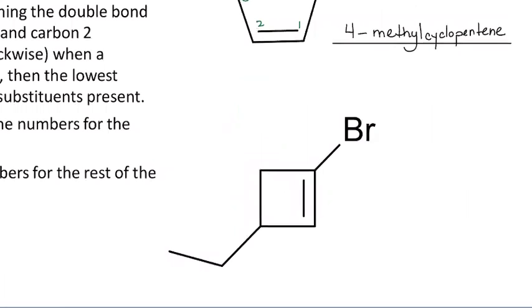So if I'm numbering the ring system, I can select 1, 2, 3, 4, or I can do 1, 2, 3, 4. Okay. So in the magenta arrangement, I'm going to have 1 bromo, 3 ethyl.